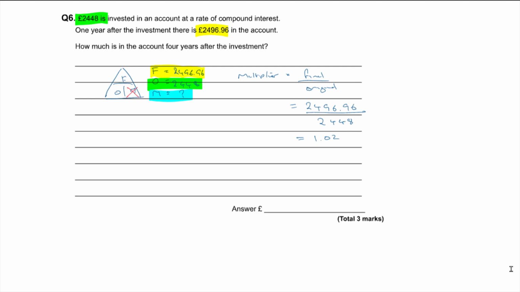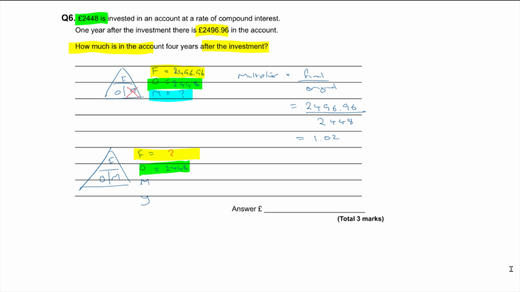So in the next part of the question, I've got final original multiplier FOM, and this time y as well. Now the final is the thing we want to find, isn't it? We want to know how much the account is worth after the investment. The original is still the original that we had at the beginning, 2448.